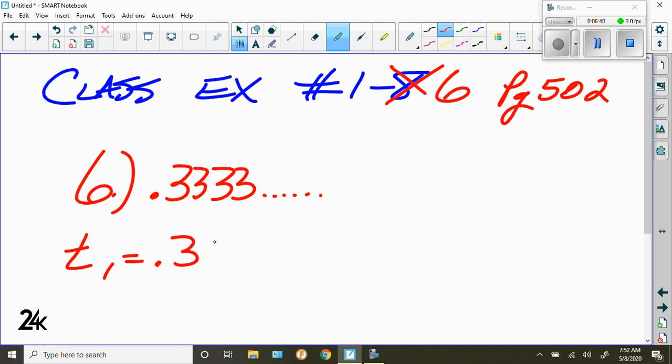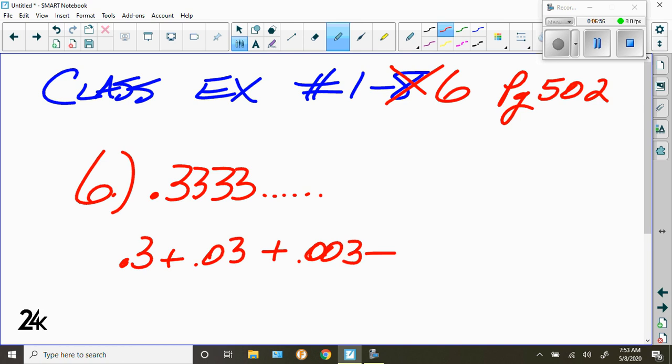Couldn't I rewrite 0.333333 as 0.3 plus 0.03 plus 0.003 plus 0.0003 plus... You get that? If I were to add all of those together, wouldn't I get that?